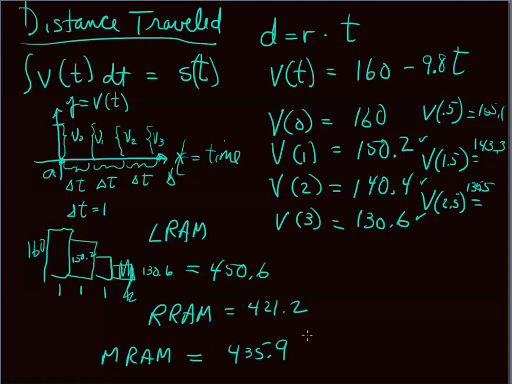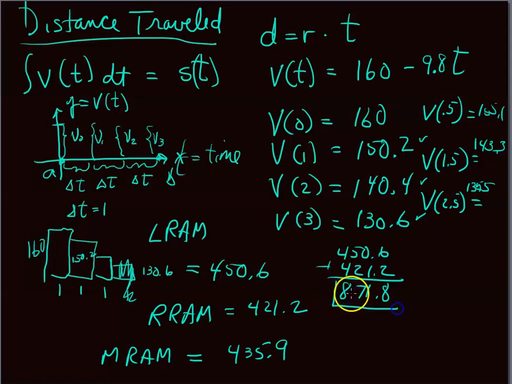Now this makes sense if you look at it this way. MRAM is really the average of the LRAM and the RRAM, if we use the same number of intervals. So if you take 450.6 and add 421.2, you get 871.8.